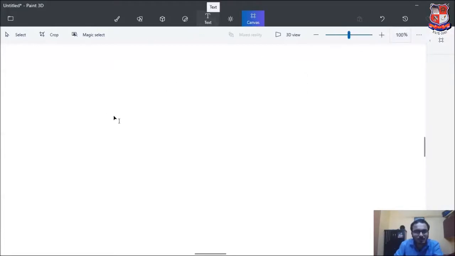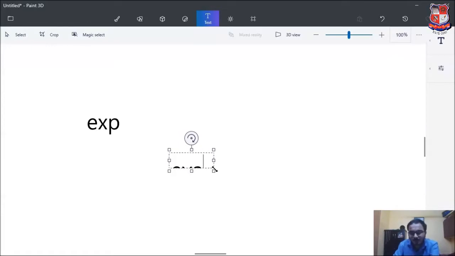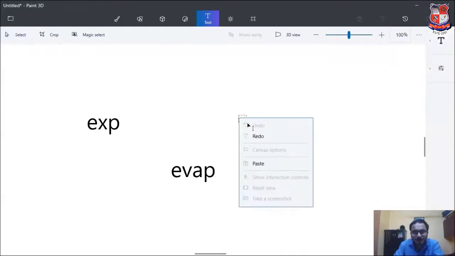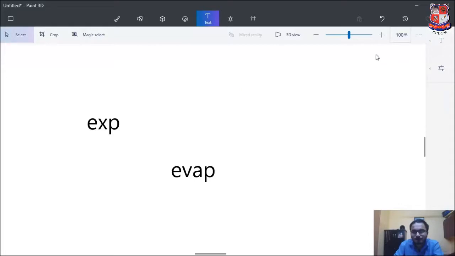So if you recall, our basic simple compression system has expansion, then we have evaporation, then we have compression, and then the last one is the condenser.